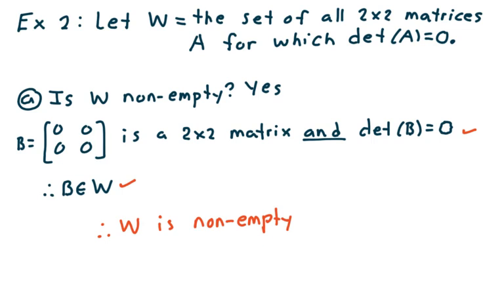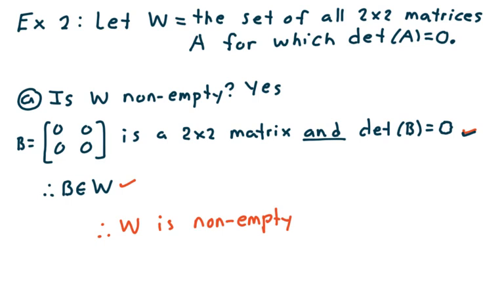Let W equal the set of all 2 by 2 matrices A for which the determinant of A is 0. Part A, is W non-empty? Yes. Why? Because if we set B equal to the 0 matrix, the matrix in which all the entries are 0, and notice that B is 2 by 2, the determinant of B is indeed 0.